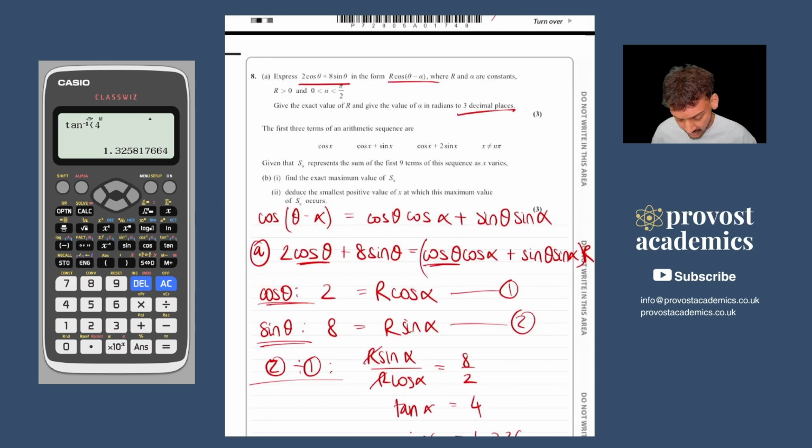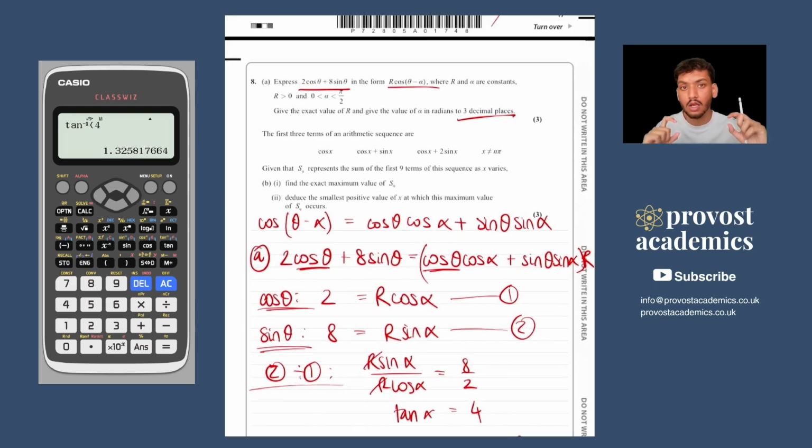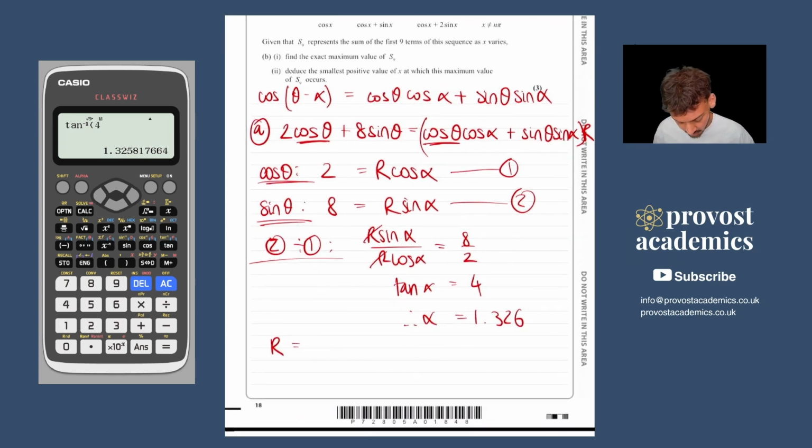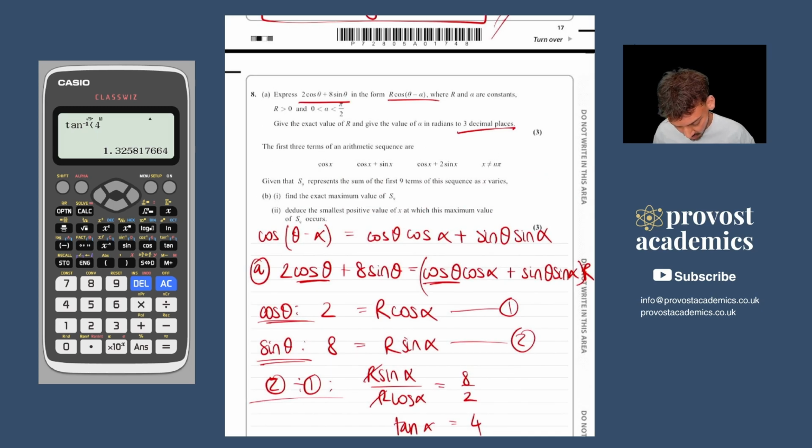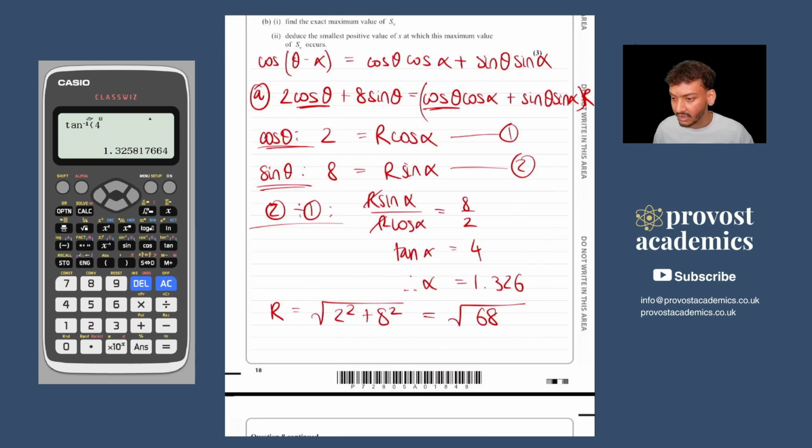And finally, let's find r. R is simply found from the coefficients of sine and cos. You do Pythagoras' theorem on it. So 2 squared plus 8 squared, that is 4 plus 64, so that's root 68. And I assume you also need to give the exact value of r. Okay, fine. I feel like there might be a factor in there.